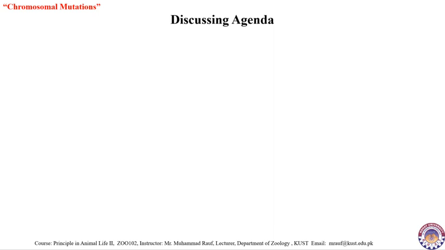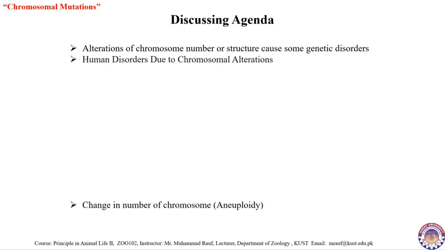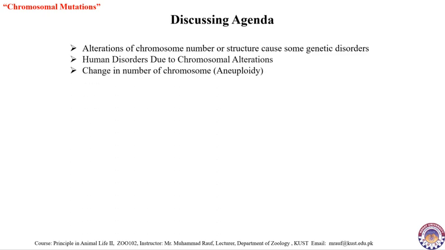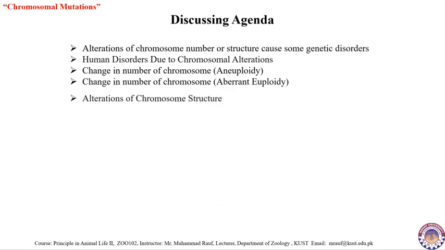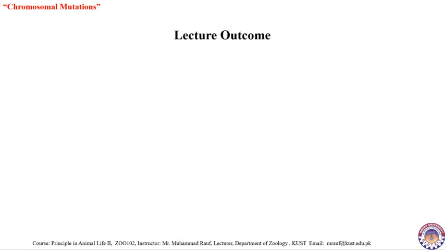The discussion agenda for the topic is: alteration of chromosome number or structure causes some genetic disorders, human disorders due to chromosomal alteration, change in number of chromosome, aberrant euploidy, alteration of chromosome structure, aneuploidy of sex chromosome, Down syndrome.